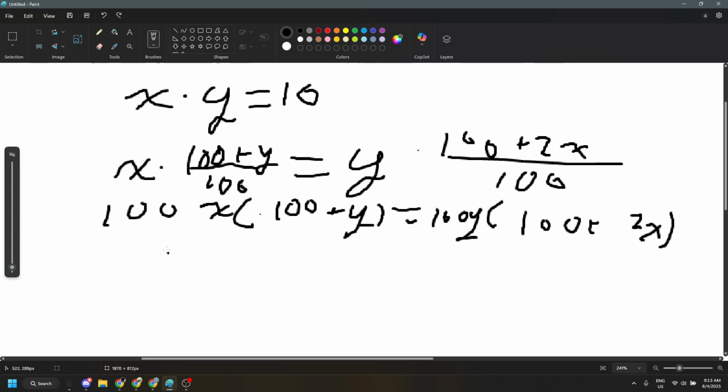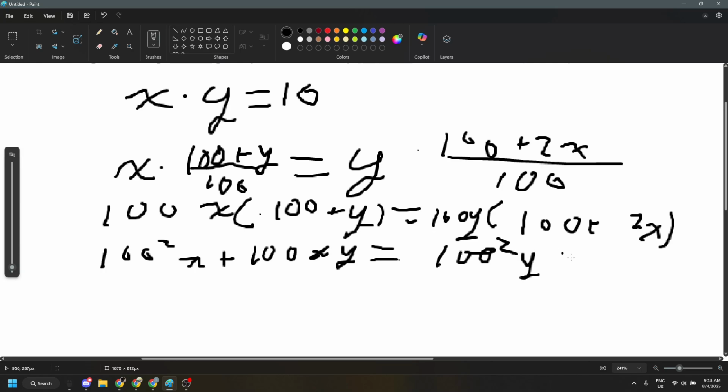Now I can distribute. So we have 10,000x, or I'll do 100 squared x, plus 100xy, which we know to be 10, is equal to 100 squared y plus 200xy.